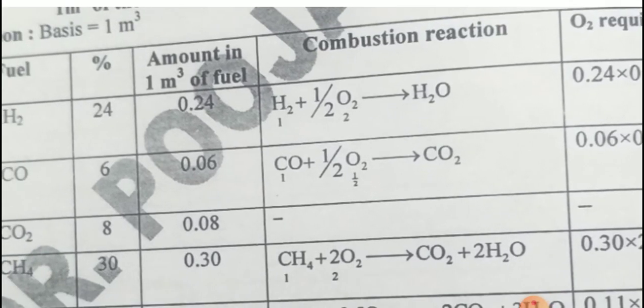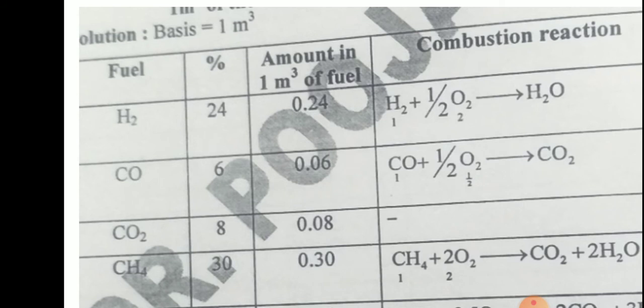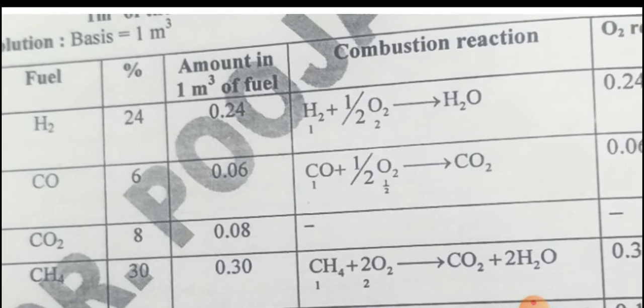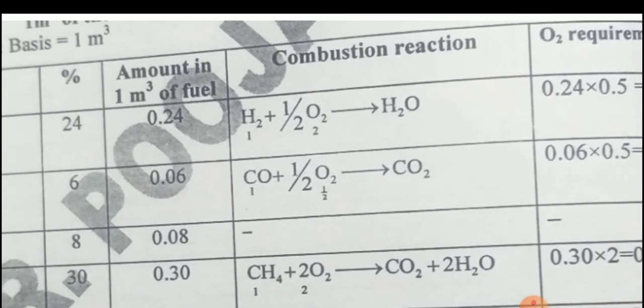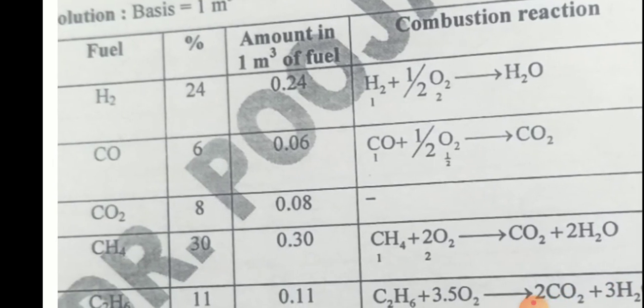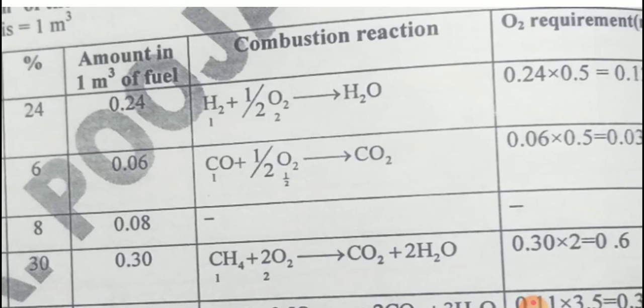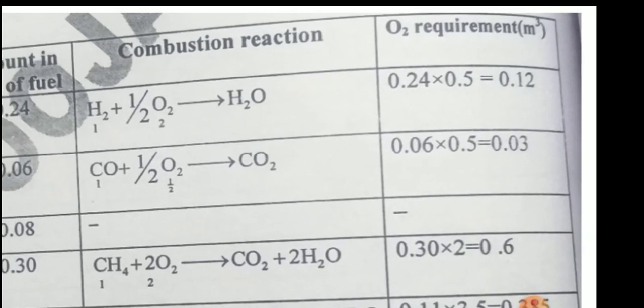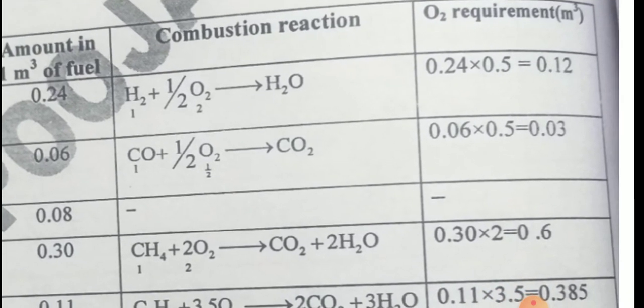This is the table. In the first column is the fuel, second percentage, in the third column the amount in 1 meter cube of fuel, and the combustion reaction and oxygen requirement in meter cube are given. Hydrogen 24%, its amount in 1 meter cube is 0.24. Hydrogen requires half mole of oxygen to form water. So the oxygen requirement for hydrogen is 0.24 into half, which is 0.12.